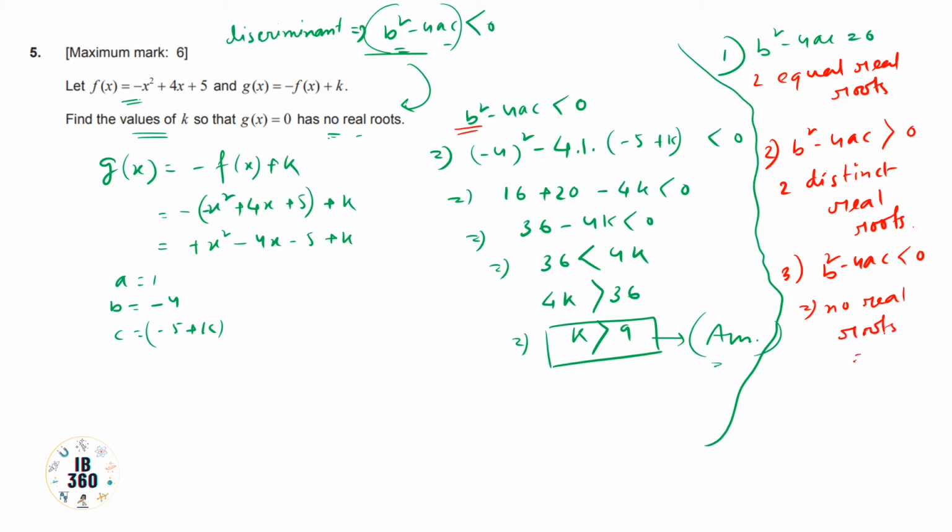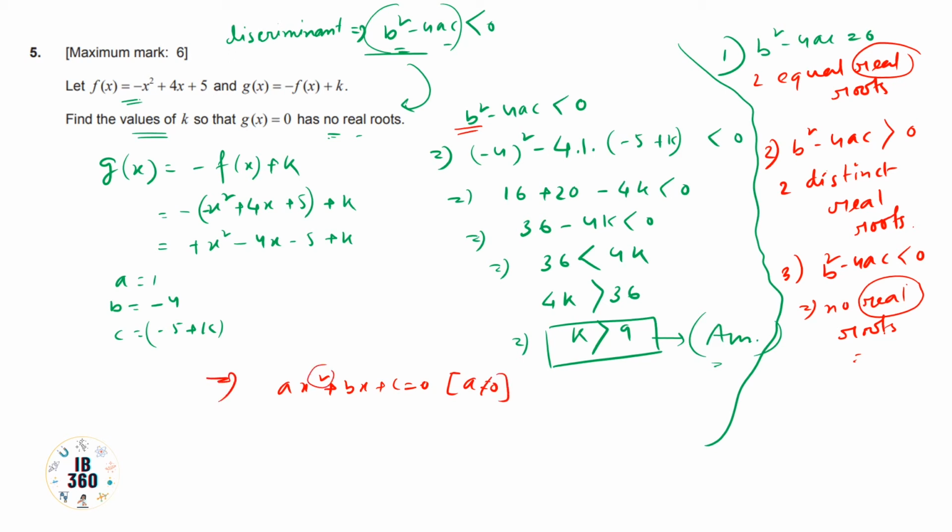Now keep one thing in mind: the word real is very important. No real roots. Two equal real roots. The word real is very important because many students make one mistake: if b square minus 4ac is less than 0, then they write no roots. It is not like that. You have studied that any equation ax square plus bx plus c equals 0, where a is not equal to 0, is a quadratic equation.